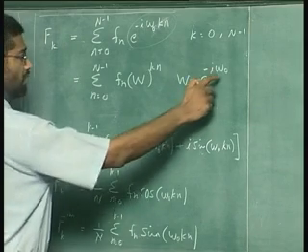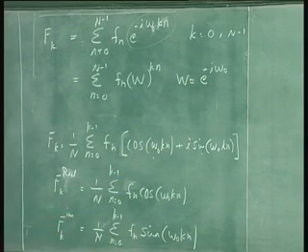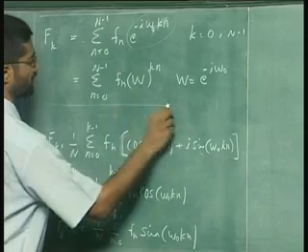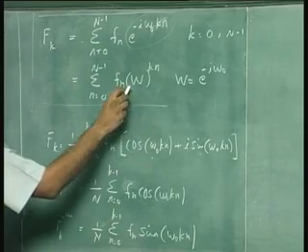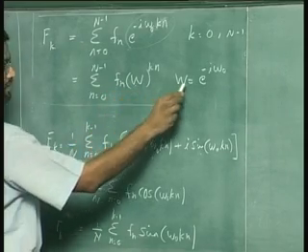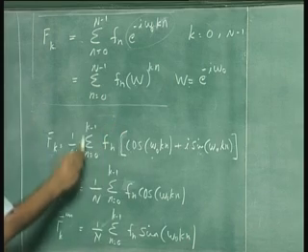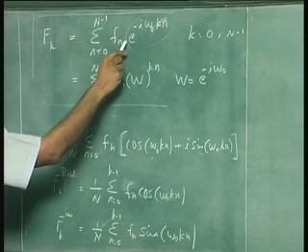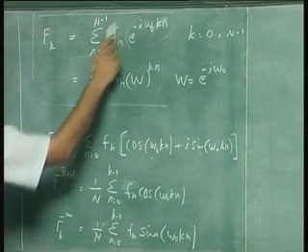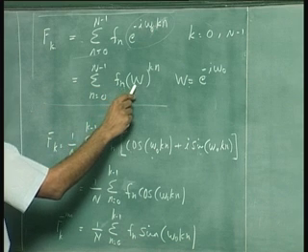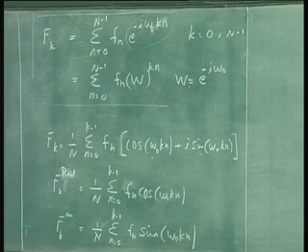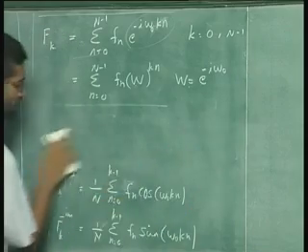We will always be using this w, so I would write this transform as fn times w to the power kn. Now, as I said, we will divide this interval into 2.